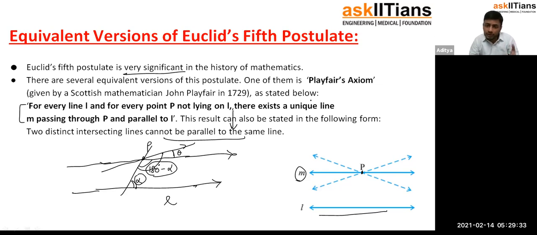So of course, if theta is 0 degree, then both the lines will coincide, and hence we can prove that it will be a unique line. Although this is not really in our syllabus, I have just told how to try to understand Playfair's axiom and why it is equivalent to Euclid's fifth postulate, right?